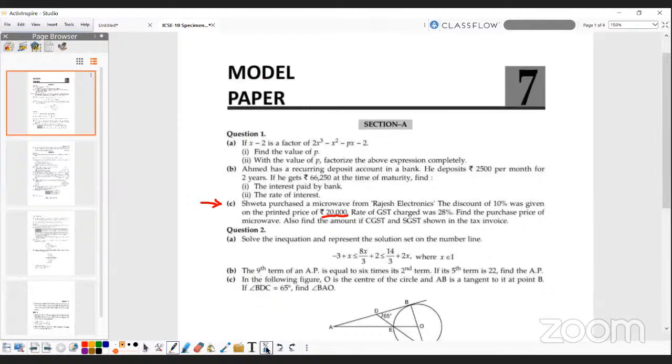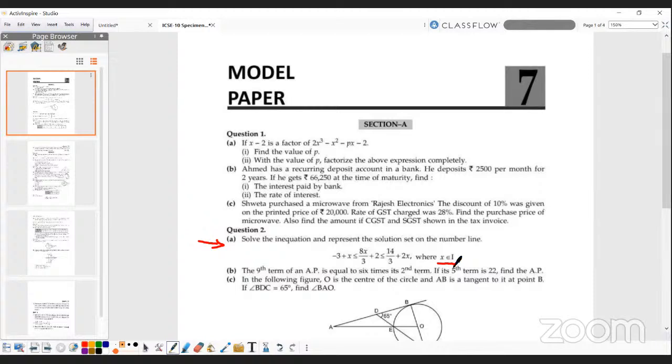A part related to inequality. Solve the inequation and represent the solution set on the number line. So this is the inequality given. Minus 3 plus x less than equal to 8x upon 3 plus 2 less than equal to 14 upon 3 plus 2x. And point to be noted here is x is an integer.